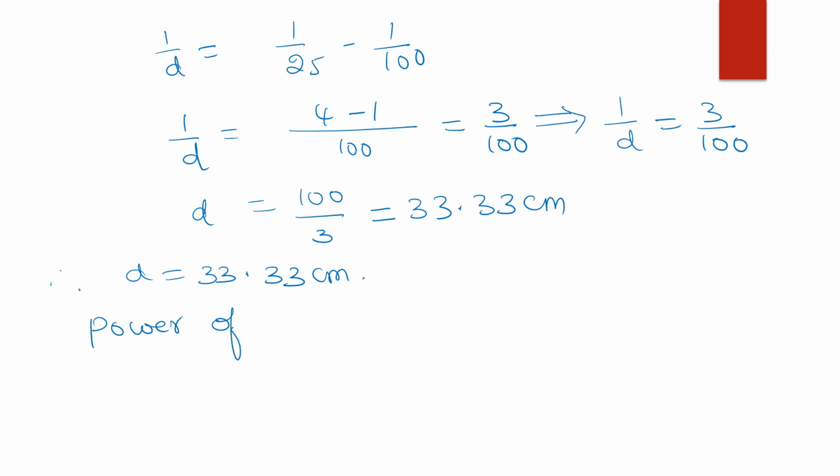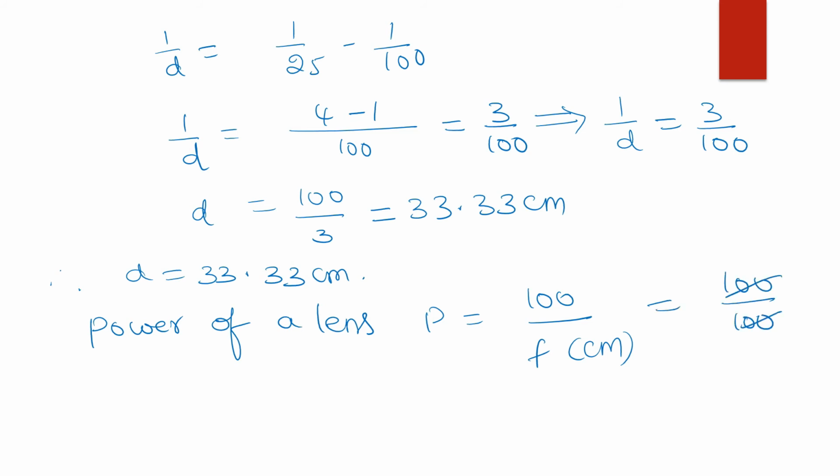Power of a lens P is equal to 100 by f, with f in centimeters. The focal length is given as 100, so 100 cancels, giving 1. D denotes the diopter.